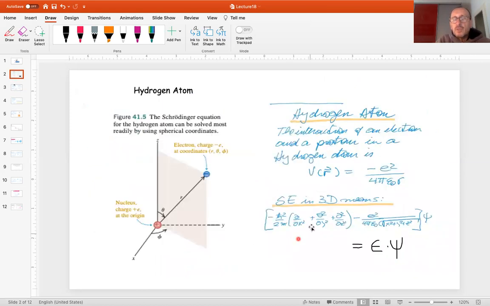If I want to recognize that this thing here is equal to P squared over 2m, this kinetic energy term, I have to recognize that the momentum can be written as minus i ħ, the gradient of the wave function.